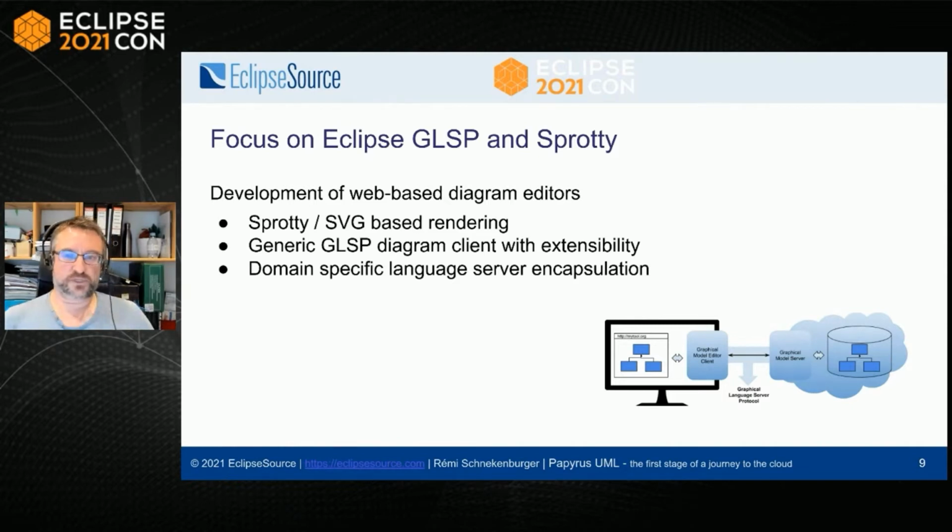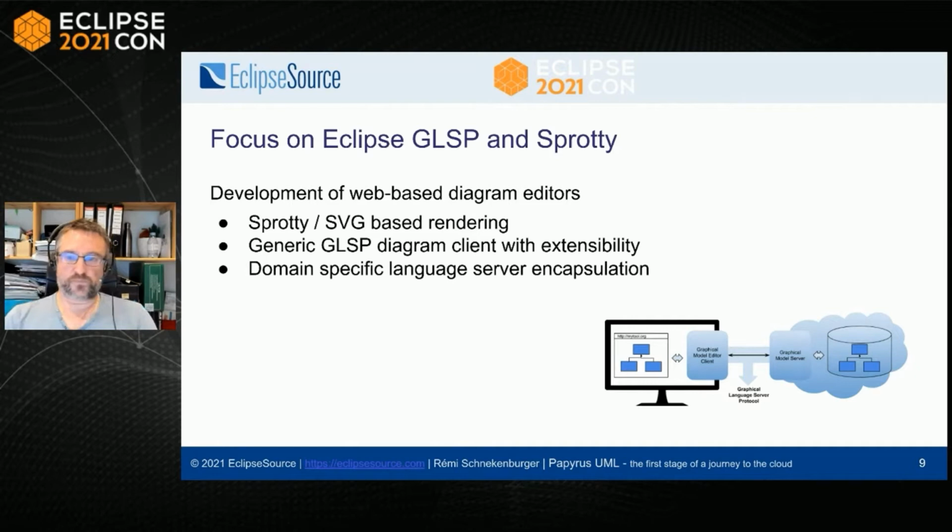And GLSP proposes an architecture with this model-client pattern. The client would be as generic and as light as possible, and it can be hosted within a Theia editor or any web browser.